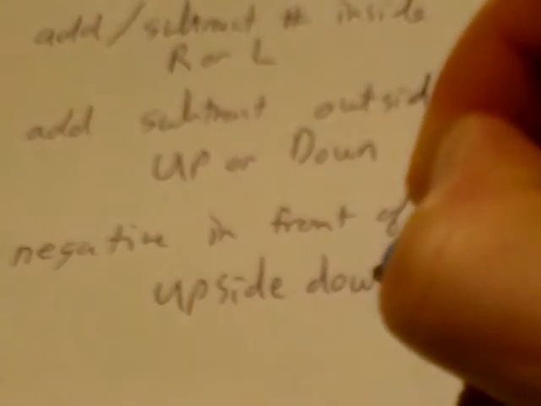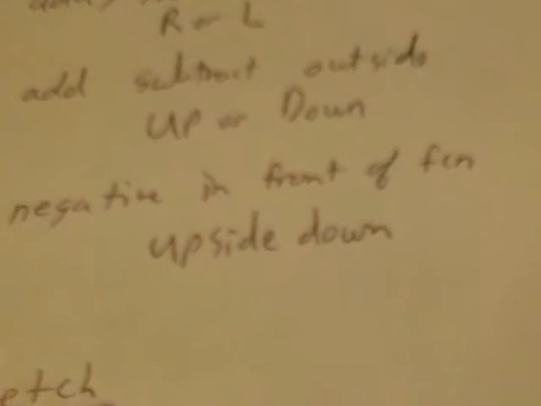And our other major transformation is if we put a negative sign in front of the function, it flips the function upside down. So I'm just going to write upside down. So remember, a negative sign outside the function flips the function upside down.